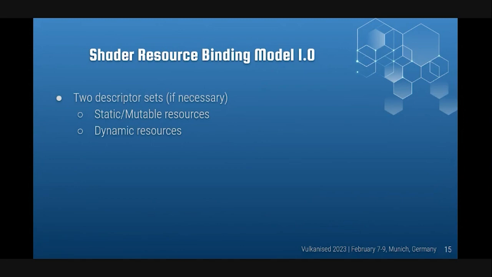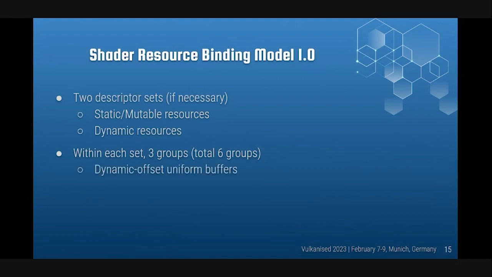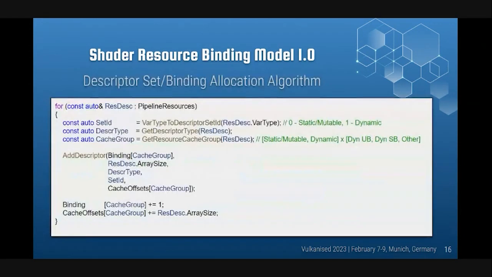It copies all the descriptors in this descriptor set and binds it to the command list. Within each set, there are three groups of resources, which makes the total of 6 groups for the two descriptor sets. The first group is the uniform buffers that have dynamic offsets. The second is the dynamic offset storage buffers, and the last group contains all the other resources.